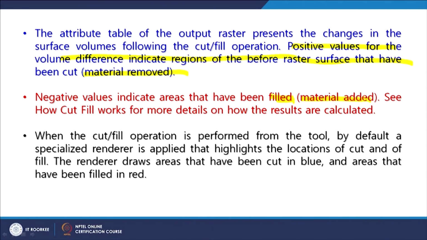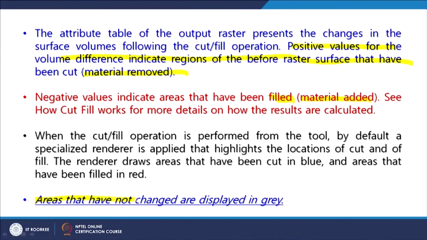If material has to be bought, which in some cases may be there, then the calculation can be done of how much it will cost. So, a lot of estimation, even the financial part, can be done once you have the area and volume calculations before this cut and fill analysis. And finally the areas that have not changed are displayed in grey, which you have seen in the previous example also.